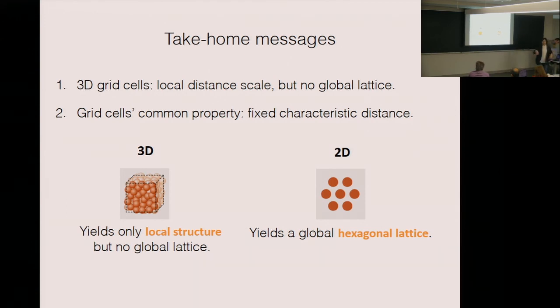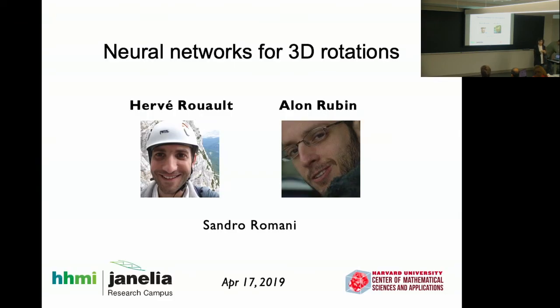Maybe this work can say something about position coding, because many of the models for position coding really need the repetition to work. So either this could be used for position coding, but then the models need to be tweaked, or we need to understand how to change them. Or perhaps if you have fixed distances, maybe it could be used for distance coding. So these are thoughts that we've been having.